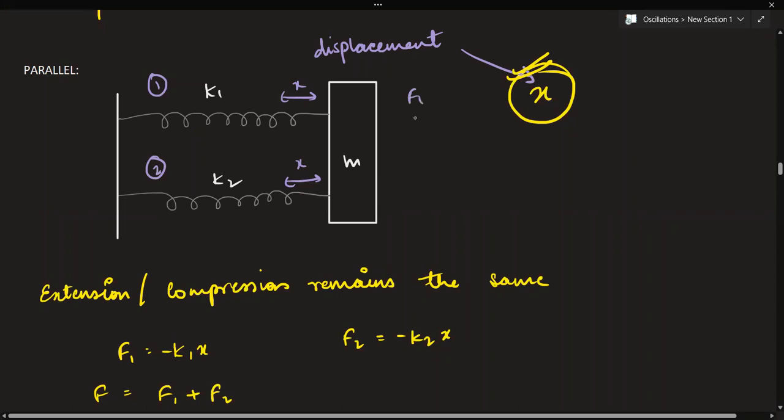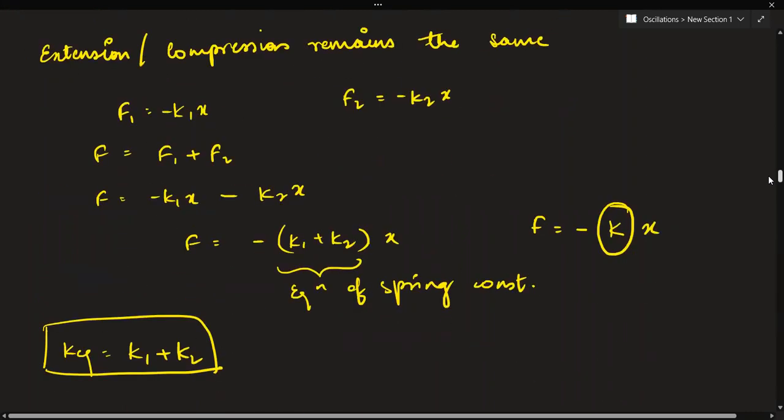So if F1 is for the first spring and F2 is for the second spring, we can simply write F1 is equal to minus K1 X and F2 is equal to minus K2 X. Now see, we cannot use the total extension relation, because the total extension produced is not simply additive here.